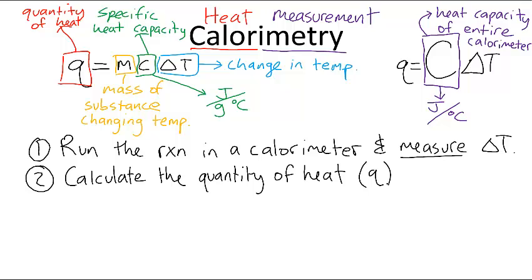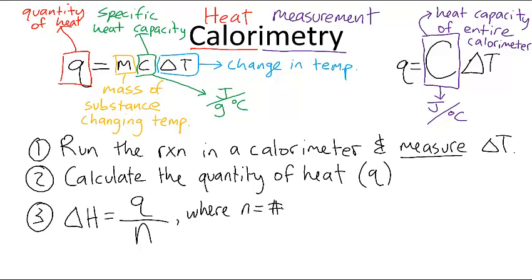So the last step to finding delta H using a calorimeter would be to take my quantity of heat and divide by the number of moles of reaction to get delta H. So delta H would equal Q divided by n, where n equals the number of moles of reaction. The question is, yes, H is enthalpy.